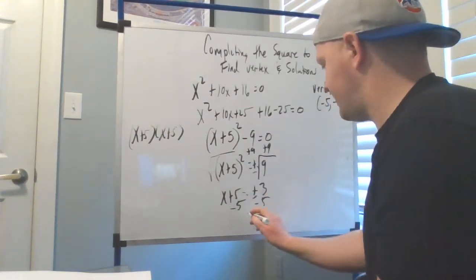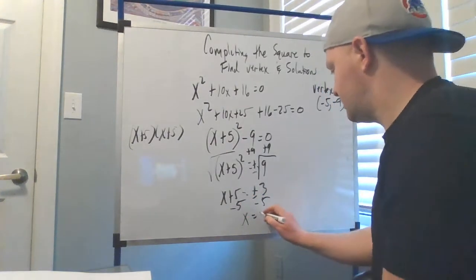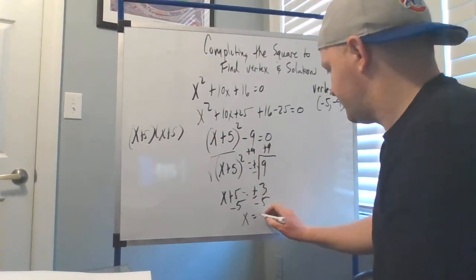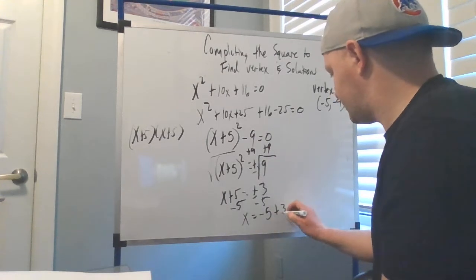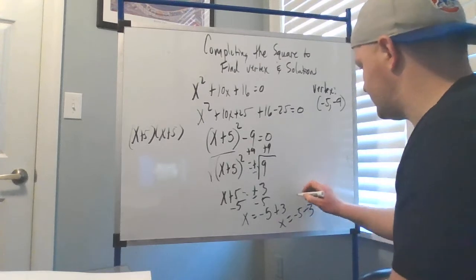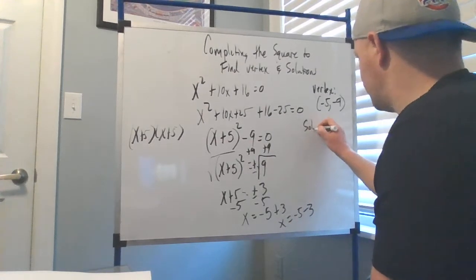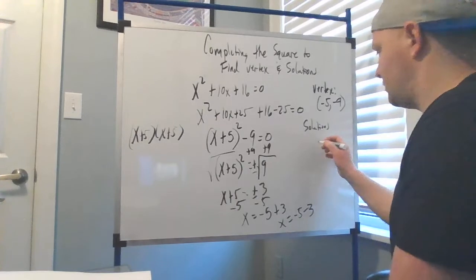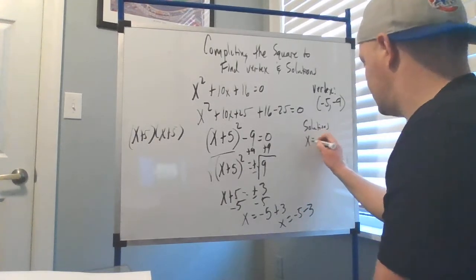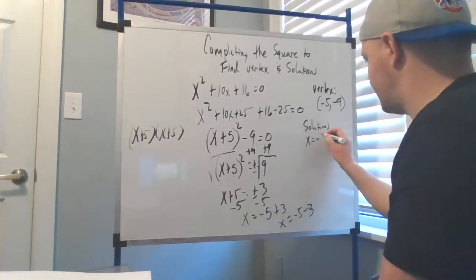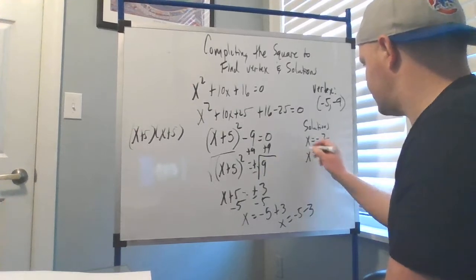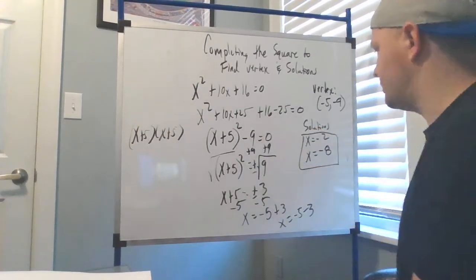Subtract 5, x equals -5 plus 3, x equals -5 minus 3. So my two answers are my solutions, or my zeros, whatever you want to call them, okay? X equals -5 plus 3 is -2. And remember, -5 minus 3 is -8. There's your two solutions, okay?